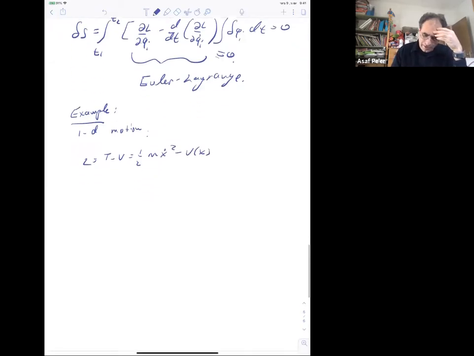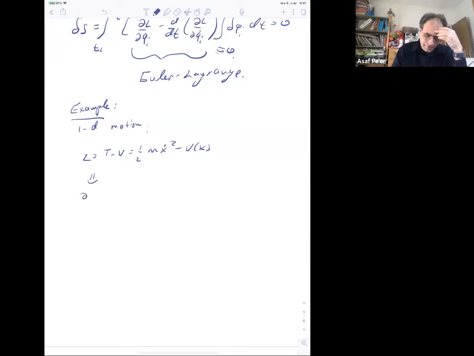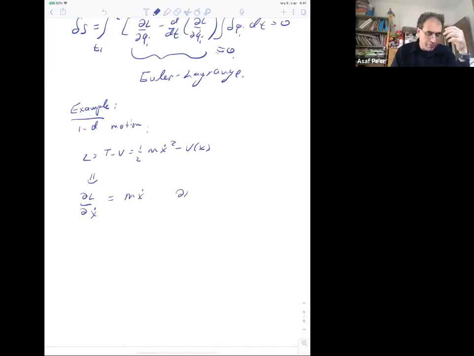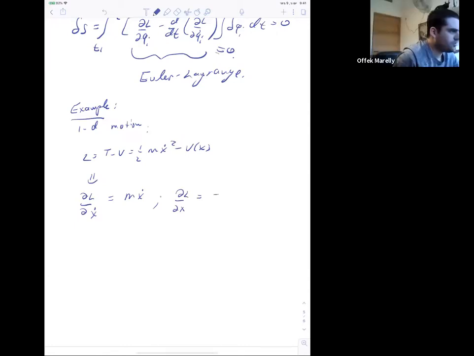Then of course, what is dL over d x dot? m x dot. Right, what is dL over dx? Derivative of V, minus V'(x).